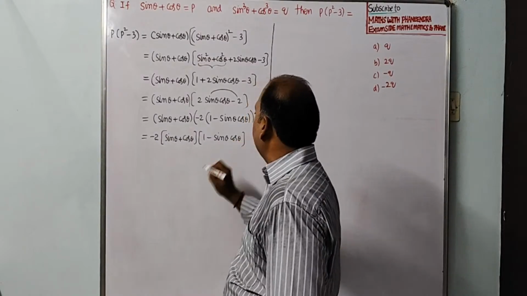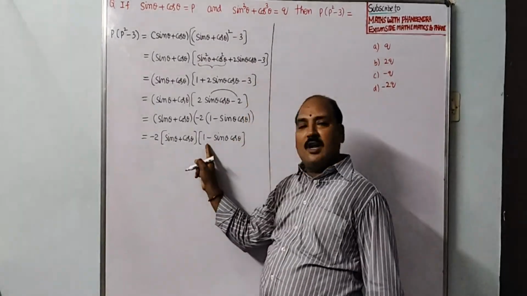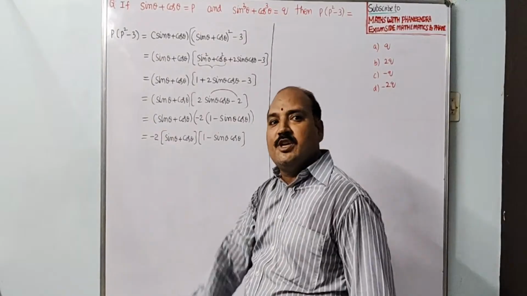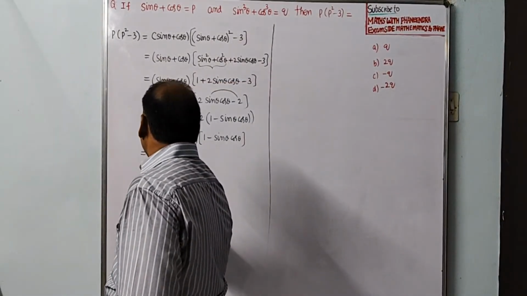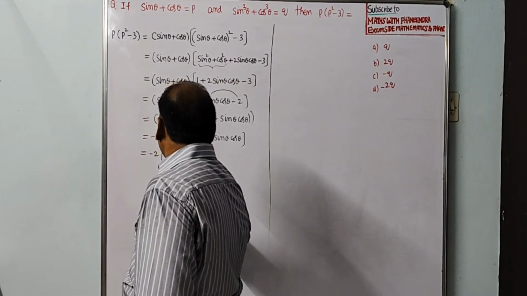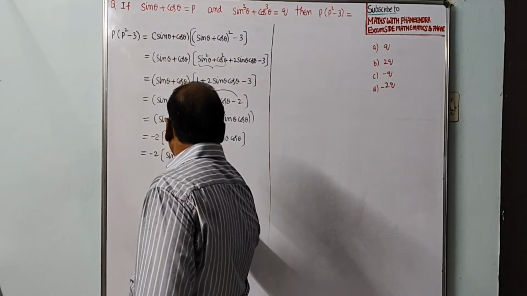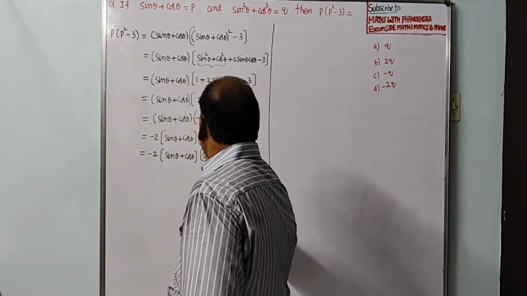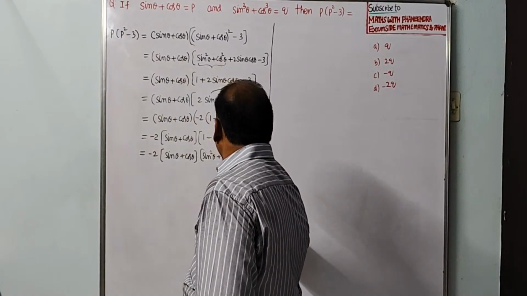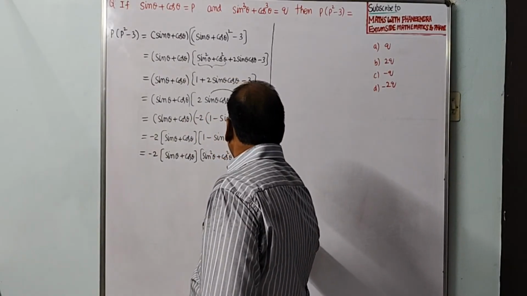I hope you understand. In place of 1, we are going to replace with sin square theta plus cos square theta. So minus 2 into sin theta plus cos theta into sin square theta plus cos square theta minus sin theta cos theta.